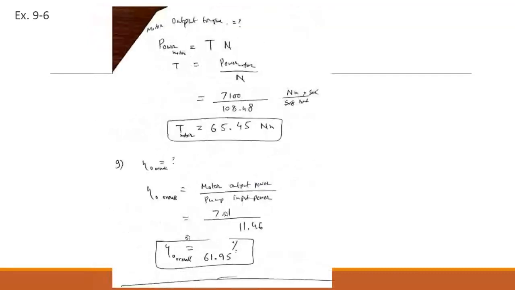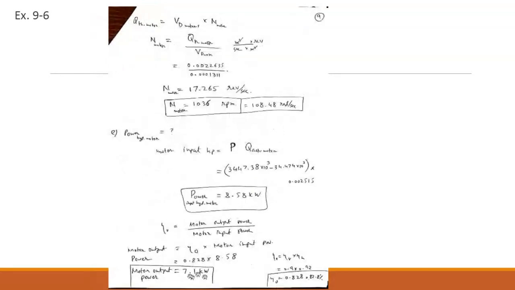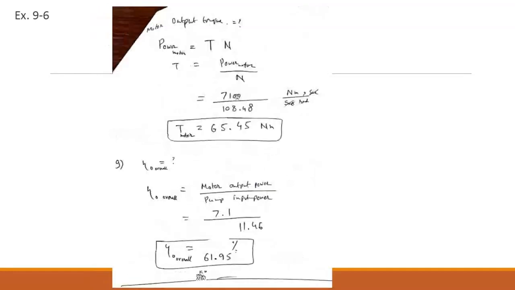So we want to find the efficiency 7.1, but of course I don't like this one, but it's still there. I will just take the whole thing as 7100, which is mentioned here. So 7100 over 11460, it will give me an overall efficiency of the entire system as 61.95%.